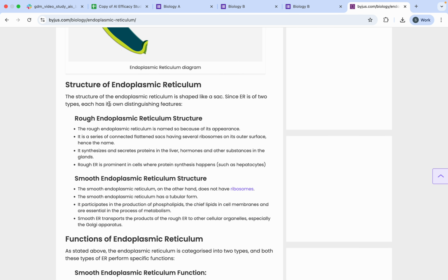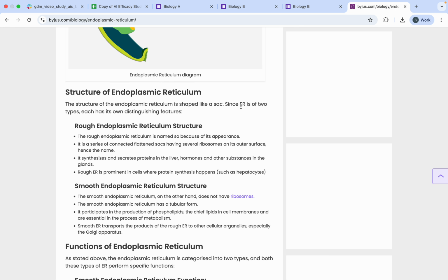So next is the structure of endoplasmic reticulum. It is shaped like a sac. Since the endoplasmic reticulum is of two types, each has its own distinguishing features. The rough endoplasmic reticulum is named because of its appearance.